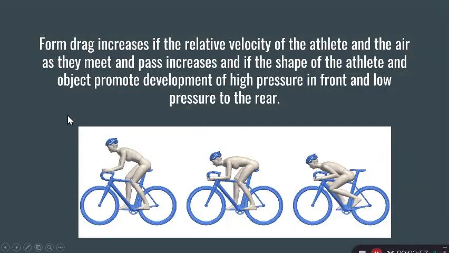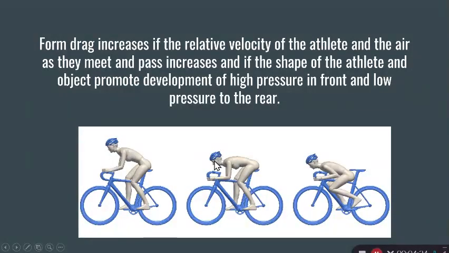For example here, this bicyclist right here is quite high, okay? There's a lot of surface area that the wind, the airflow going to the right here, is hitting, okay? So a lot of pressure in front, high pressure area. It's going to create a lot of turbulence back here. A lot of turbulence means a lot of low pressure. So this athlete is going to have to struggle a lot to keep moving fast.